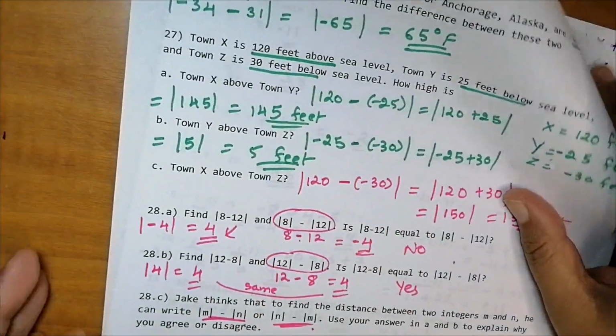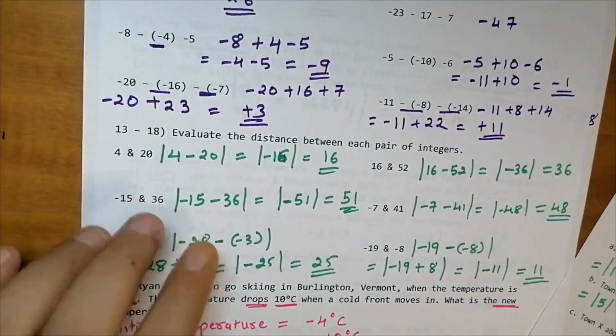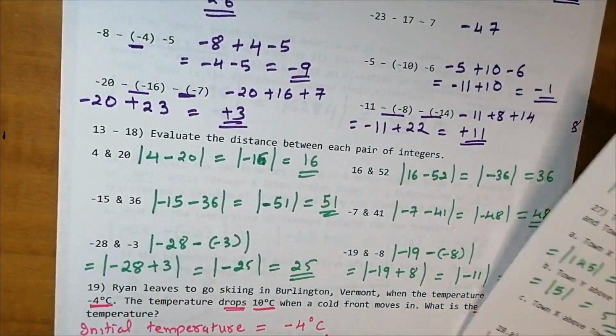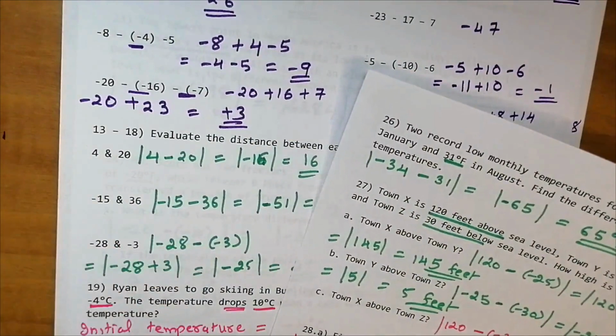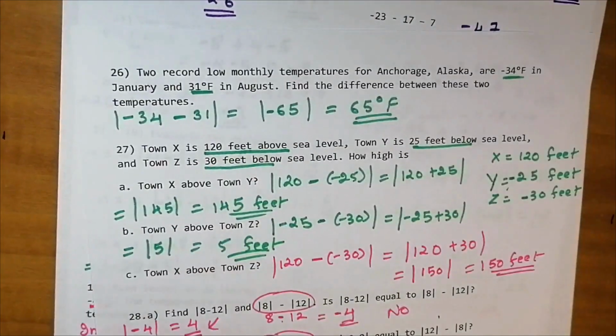So if you looked at all these real world problems, mostly they were all of these categories, right? Finding the difference. So this has to be very clear to you. Okay, so you write the first number, minus it, and then the next number. So if the first number is positive, I'll use my pencil to write here.